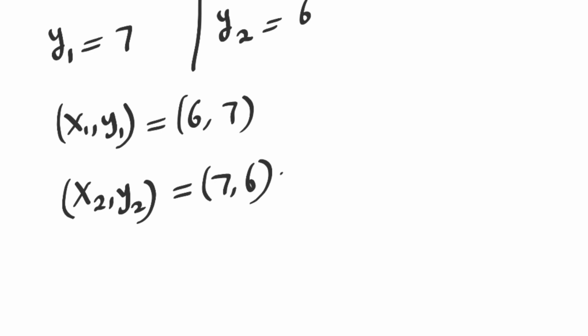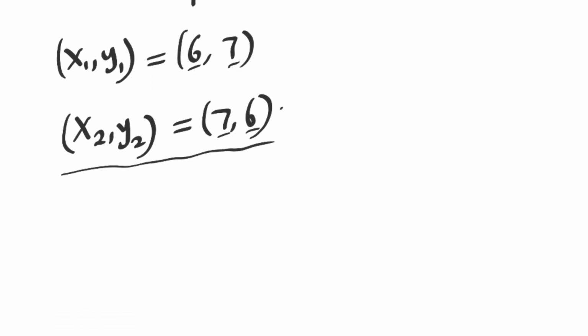Here, you can see that the value of x1 here is equal to the value of y2 here, and the value of y1 here is equal to the value of x2 here. Let us check to confirm if this answer is right or wrong using this x2, y2. We may also use x1, y1.